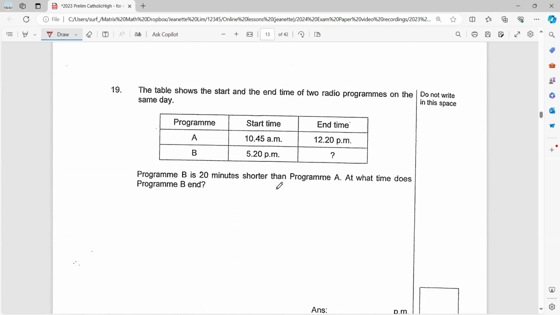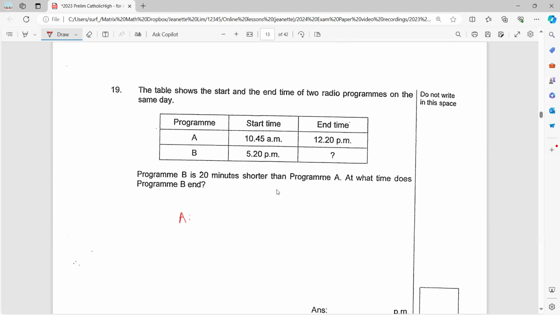Okay, question 19. Table shows the start and end time of 2 radio programs on the same day. So program B is 20 minutes shorter than program A. What time does program B end? Okay, let's find out what's program A's duration first.